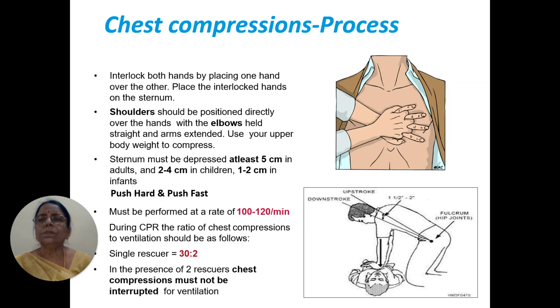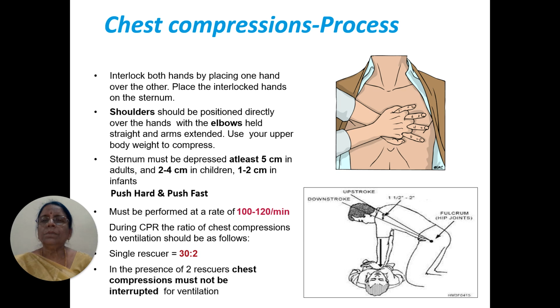Chest compressions process. How will you give chest compressions? Interlock both hands by placing one hand over the other and place the interlocked hands on the sternum. Shoulders should be positioned directly over the hands with the elbows held straight and arms extended. Use your upper body weight to compress.